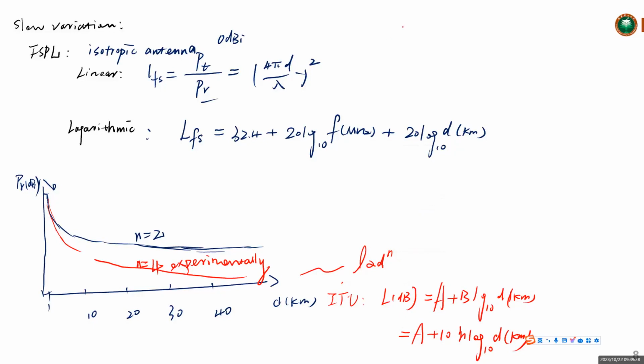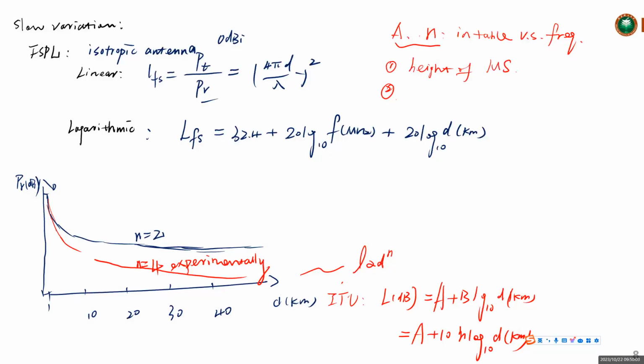So for A and N, there is a table, with respect to frequency, and they vary with frequency. And also there are some other parameters that should be considered. The first parameter is the height of the mobile station.